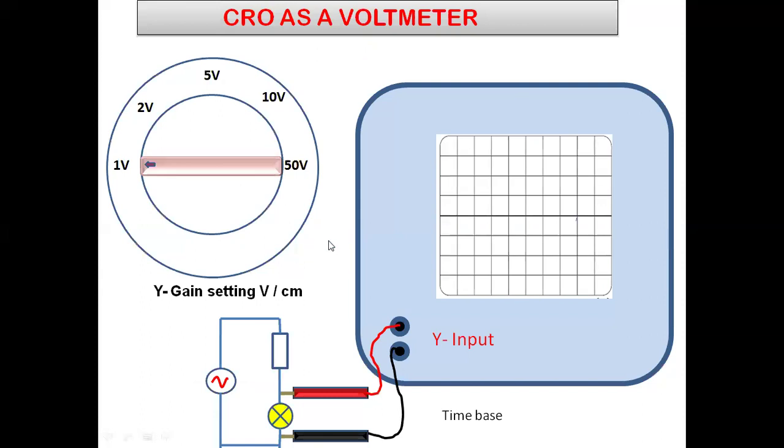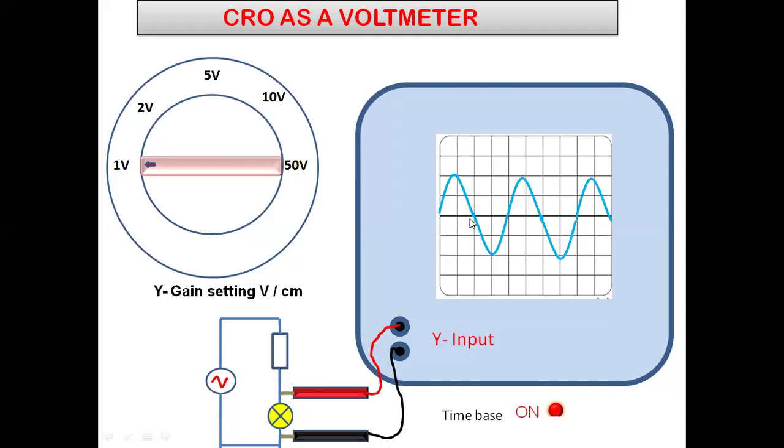We can use the CRO to measure alternating voltage also. So here the AC supply is connected and the time base is on. The trace which appears on the screen is now sinusoidal.